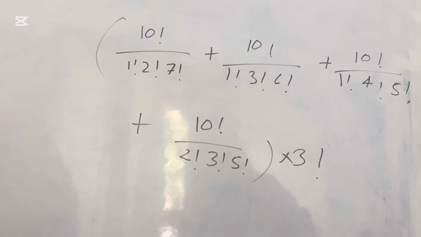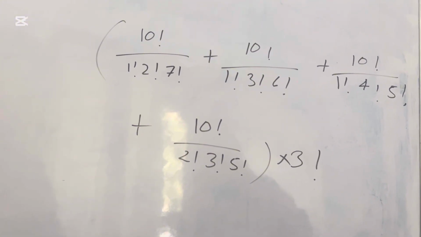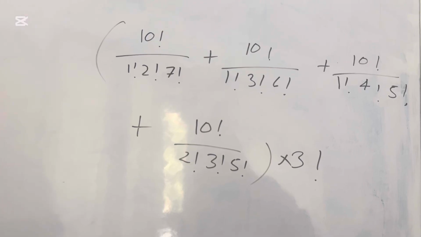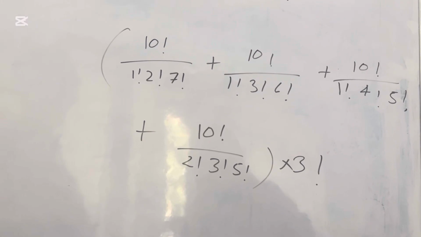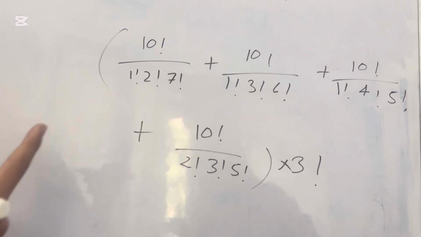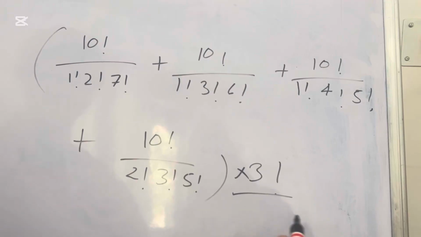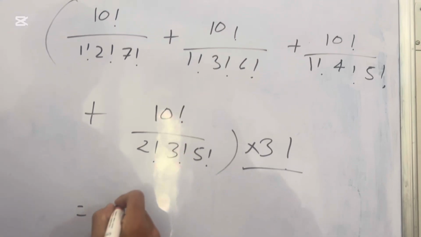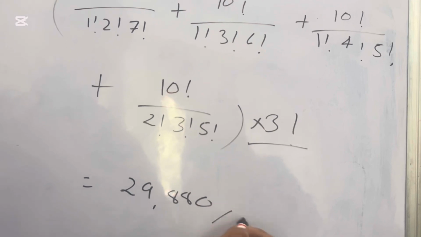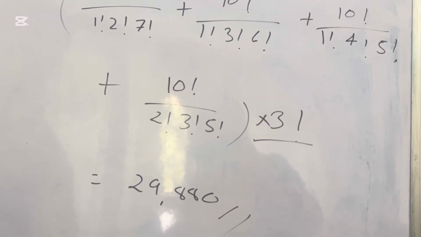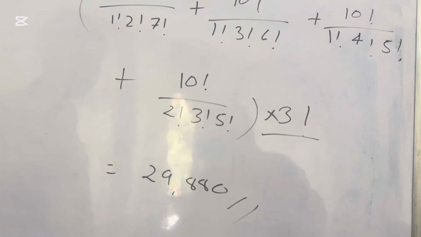All of the mansions that are assigned the variable A belong to the child that has been given the letter A, and similarly for B and C. So if we add all of these cases and multiply that by 3 factorial, we get 29,880 ways of dividing the 10 mansions among his 3 children, following the condition that no two children receive the same number of mansions.